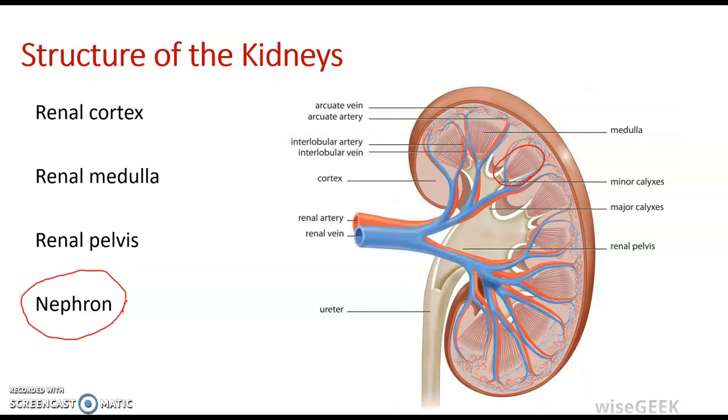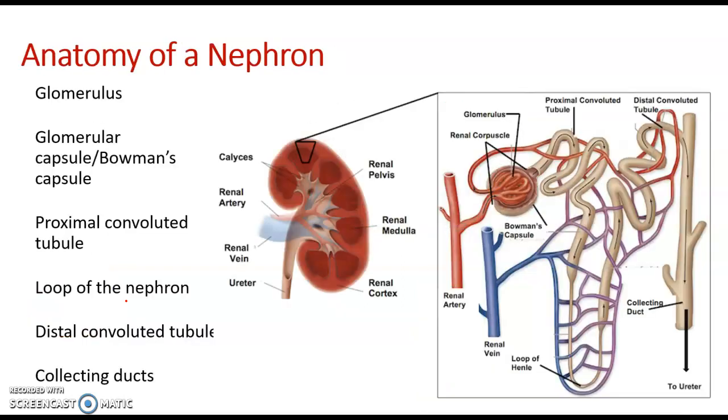First, the anatomy of a nephron, and then we'll look at some of the physiology of how substances are moving into and out of the nephron to remove or add things back into our bloodstream. So first, the anatomy of a nephron, the pieces that make up the pyramids of the medulla layer.